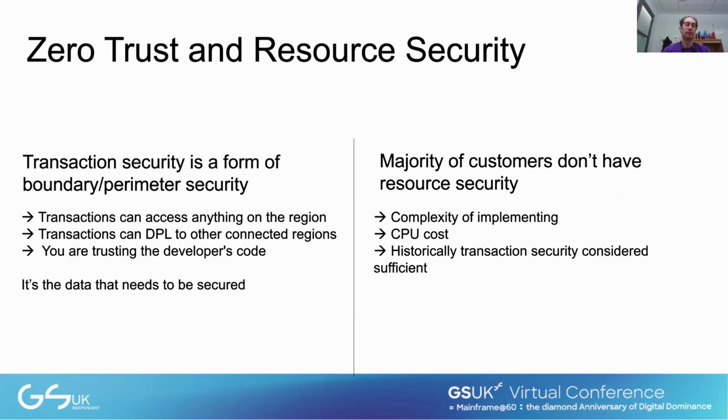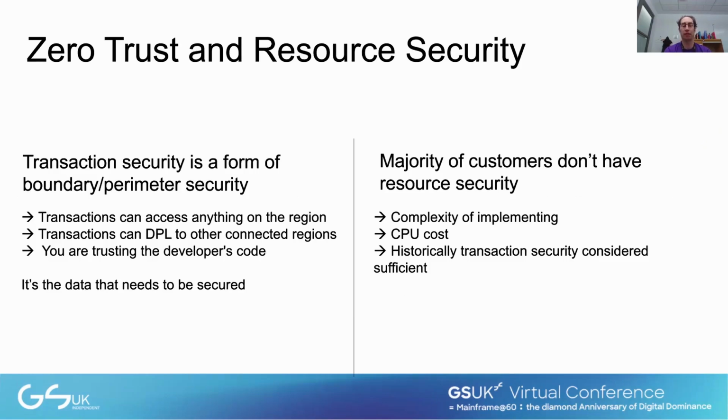So Zero Trust fits in with CICS primarily via resource security. We've talked about transaction security being the main thing that was used with CICS, and that's a form of boundary or perimeter security. So once you've signed on, and once you've been authorized to use the transaction, that transaction can do whatever it likes. We're not going to check any other resources after that point.